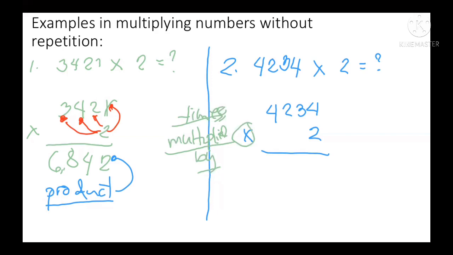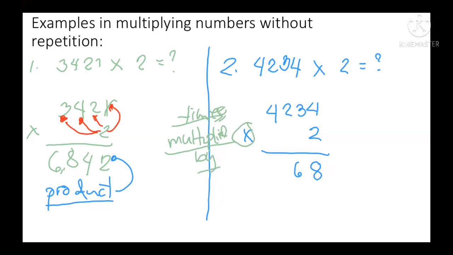Okay? Now let us solve this one. We will start with the ones place. So what is 2 times 4? 2 times 4 is 8. Very good. 2 times 3. That's 6. Good job. 2 times 2.